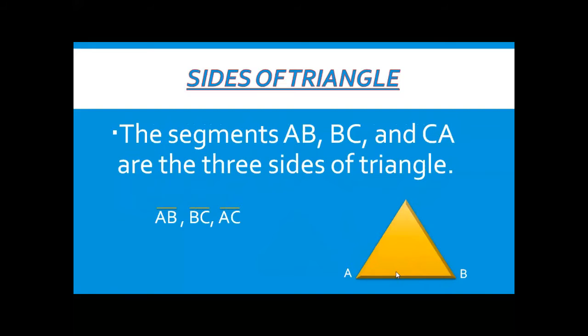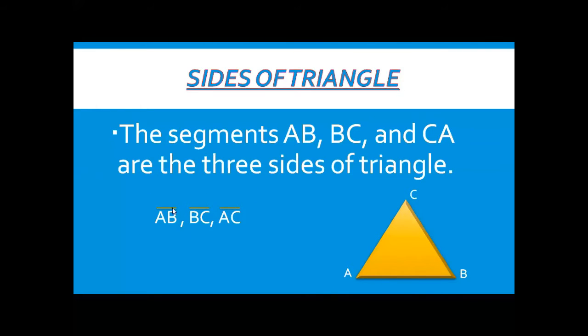So you can see that from the first corner to the second corner, this is known as a side. It's simple. We can say that from A to B, AB represents the first side of the triangle. From B to C represents the second side of the triangle. And from A to C or C to A represents the third side of the triangle.